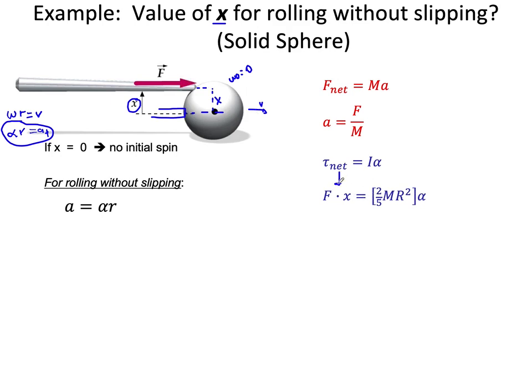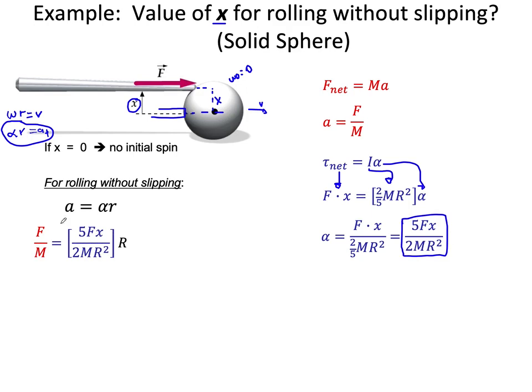And I for a sphere is 2/5 mr squared, and of course alpha stays alpha. Simplifying that down a little bit, we get alpha equals this quantity right here.